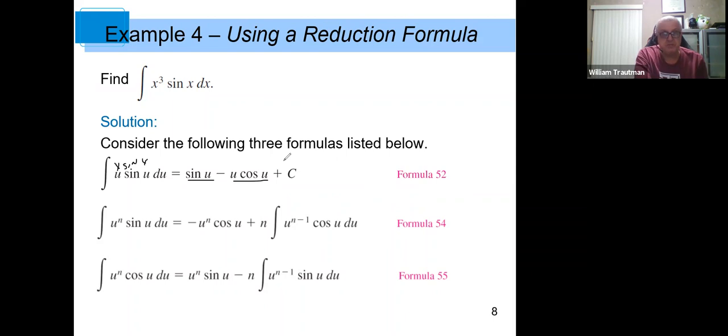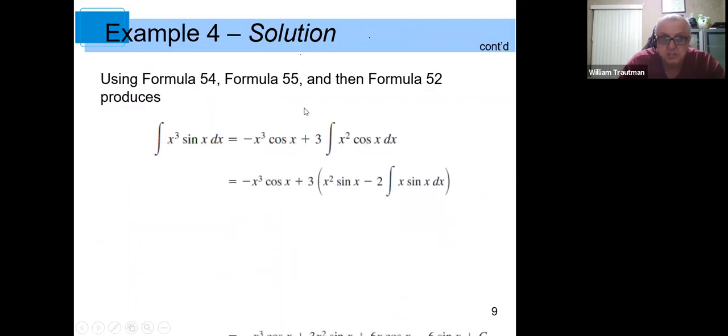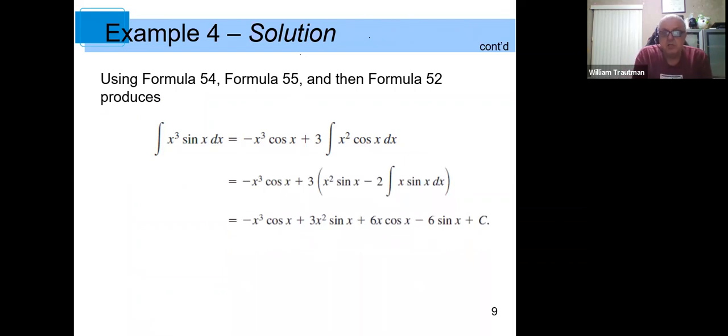And that's formula 52. So I would mark 52, 54, and 55 because we'll probably be using those in the homework, on tests, on quizzes. So what we did here, we're just doing that integration.